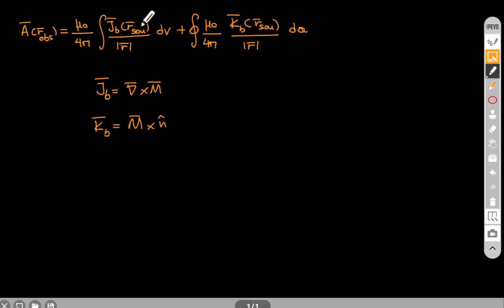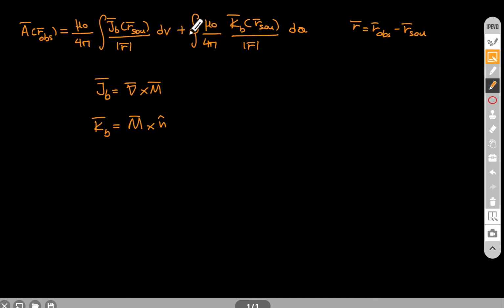That's why this is a function of our source, and over R, where R is, as usual, R_obs minus R_source, and this is integrating over dV, an infinitely small volume.